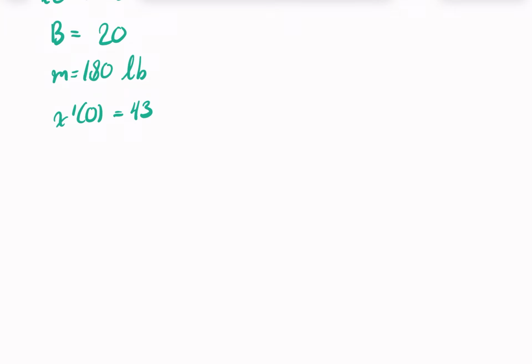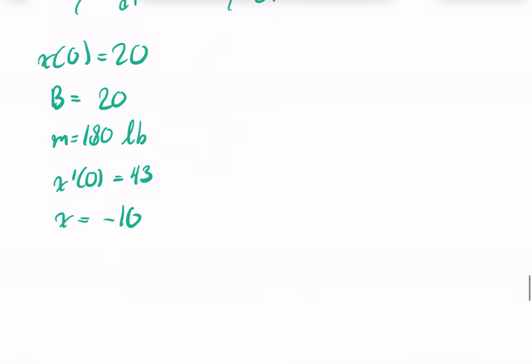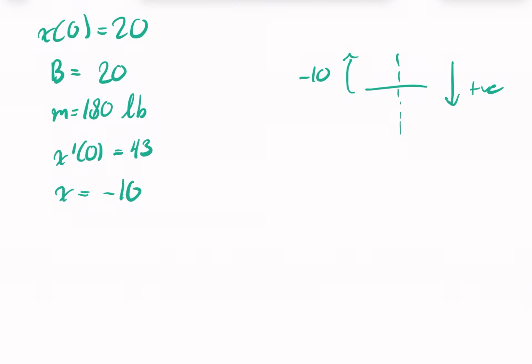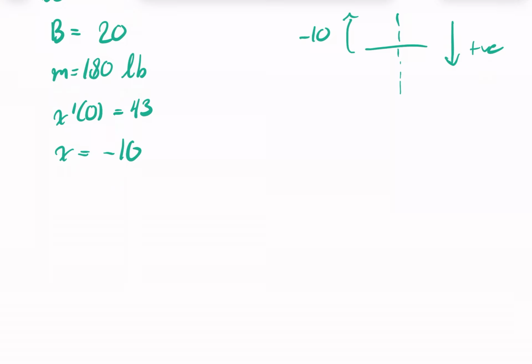And then also our x equals negative 10. The reason why it's negative 10 is if this is our equilibrium position and downward is positive, then if we're stretching this thing upwards, it's negative 10, given our reference frame. So yeah, so then we're going to continue on with the question.